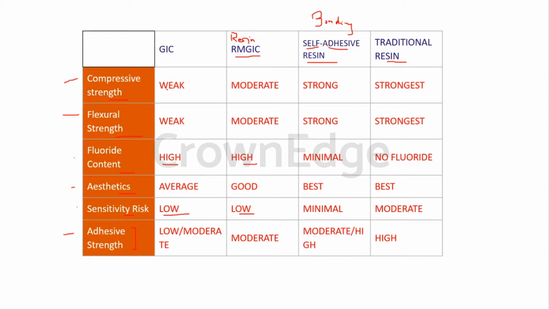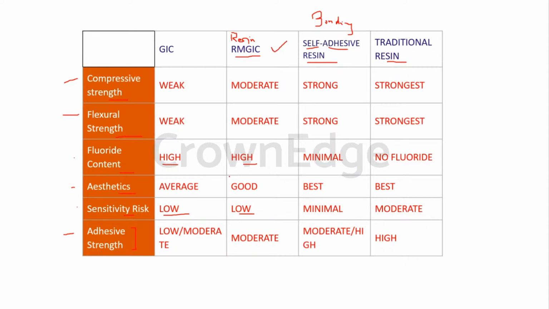This could also be a clinical scenario based question. If they say the patient has a very high caries index, with a lot of carious teeth in the mouth, which would be your preferred choice for cement? In such a scenario, resin modified GIC should be your best option.